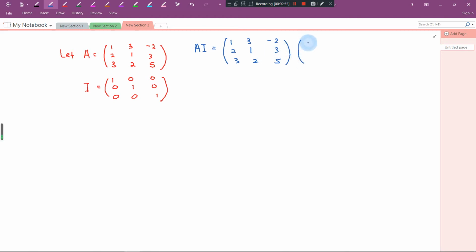So the identity matrix will be equal to 1, 0, 0, 0, 1, 0, 0, 0, 1. Now we can start to do the multiplication. I hope that you still remember the steps. This is 3 by 3, and this is also 3 by 3. We know that our answer will be 3 by 3, 3 rows, 3 columns.